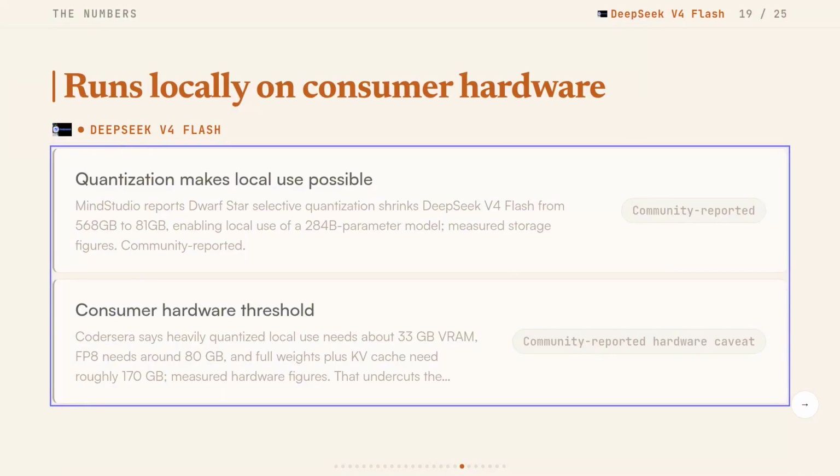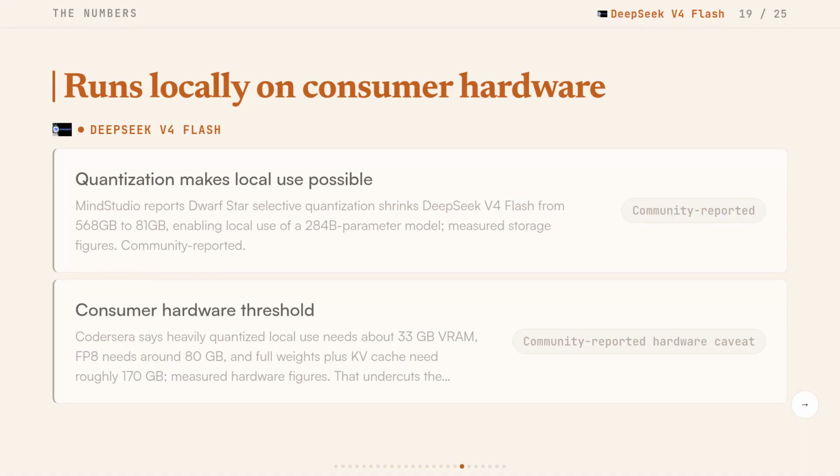Dwarf star selective quantization shrinks DeepSeek V4 Flash from 568 GB down to 81 GB. But coder Sarah's setup guide says even heavily quantized local use needs about 33 GB of VRAM. FP8 needs around 80 GB, and full weights need roughly 170 GB.